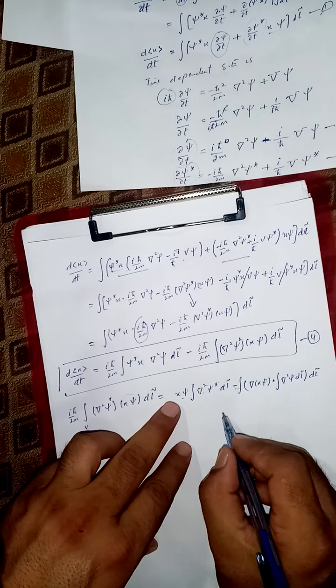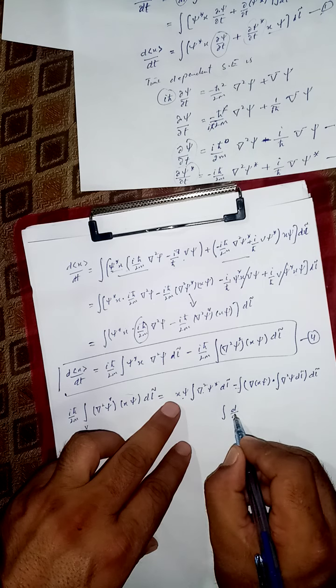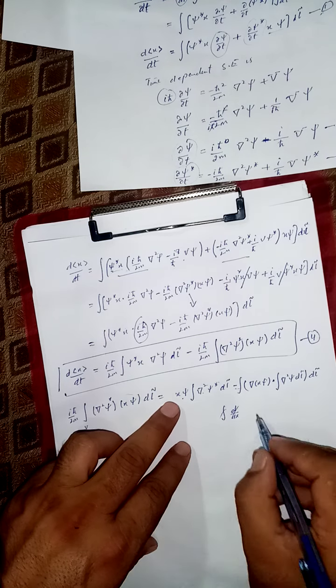Now we know that integral and derivative d by dx cancel each other and we get 1.